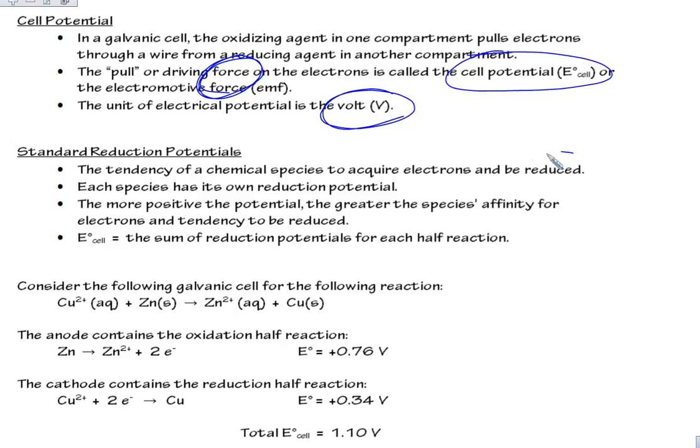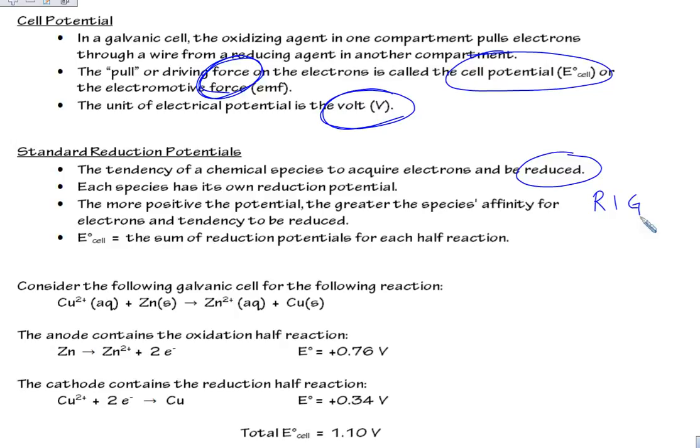I mean, that's why they're called reduction potentials. If reduction involves gaining electrons, that's kind of what we're looking at. What is the tendency of this particle to be reduced or to gain electrons? There is a value for all species. Again, you just look them up on a chart.